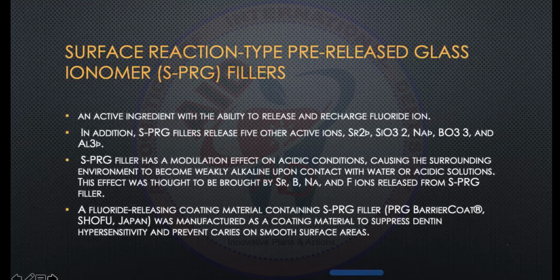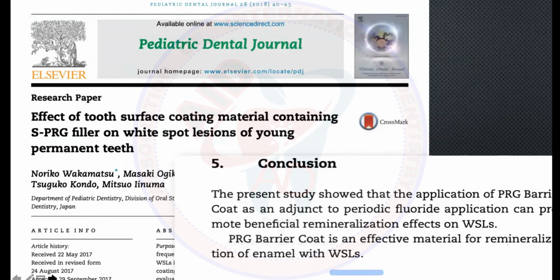And then there is a fluoride releasing coating material, manufactured by the Japanese company Shofu, which is a very well-known brand. We all use Shofu products as far as GIC and composites and so many other materials are concerned. Basically this material was to suppress dentin hypersensitivity and also to prevent caries on smooth surface areas. That's why it is applied onto a smooth surface, not for the proximal surface.